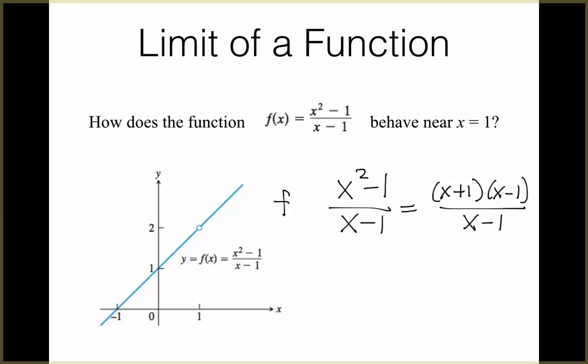So f of x can actually be written in a factored form as x plus 1 times x minus 1 divided by x minus 1. And if you plug in any value of x other than 1, the terms x minus 1 will just cancel out in the numerator and denominator.